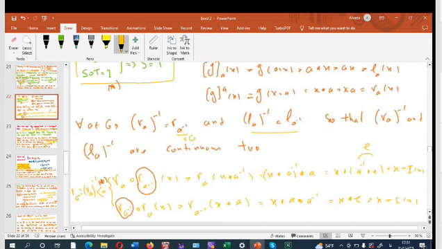And this is I of x, where I is the identity map. So the composition of these two functions is identity, so this is the inverse of this function, and this is the inverse of this function.